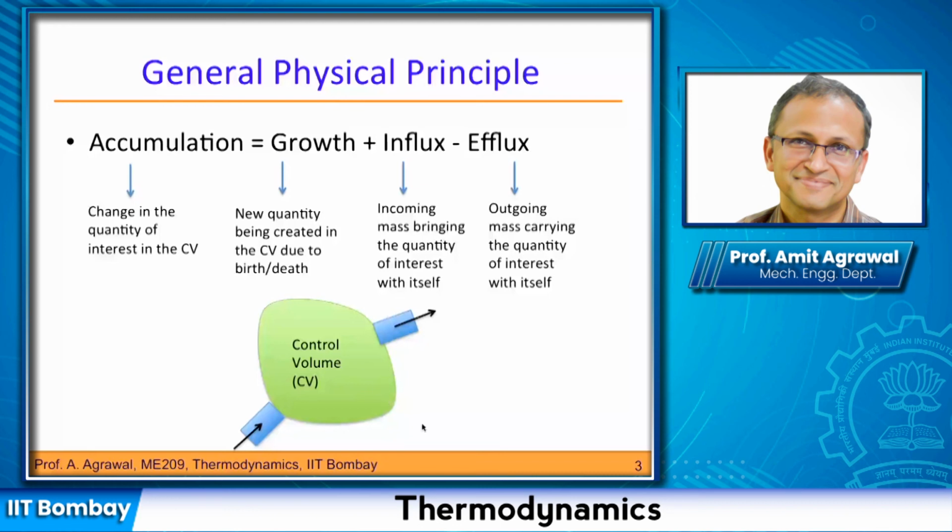So influx and efflux are happening at the boundary, not everywhere. People moving inside this control volume, I'm not bothered. I'm only bothered about somebody who crosses the imaginary boundary that I have drawn. So it's like a control surface, and when mass crosses it, these terms become relevant for us.